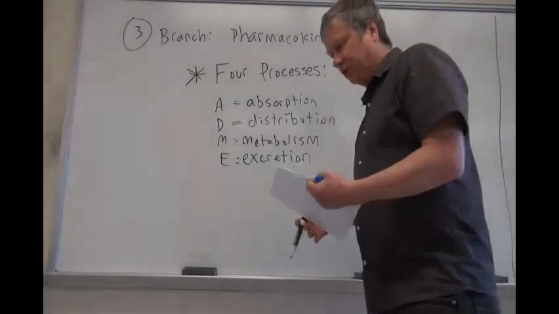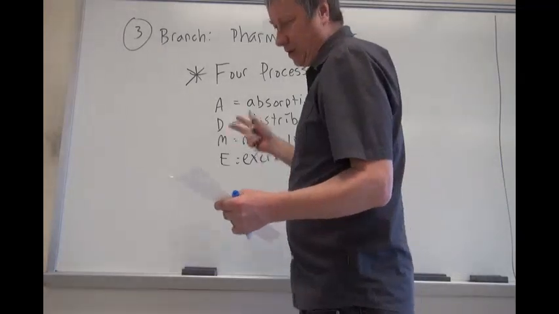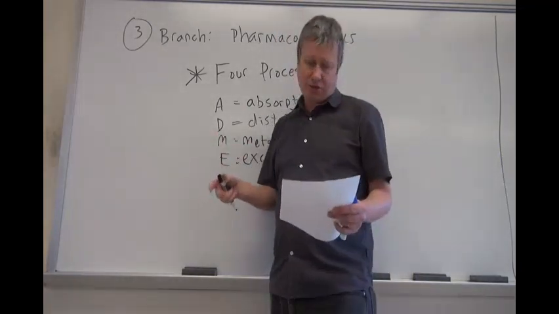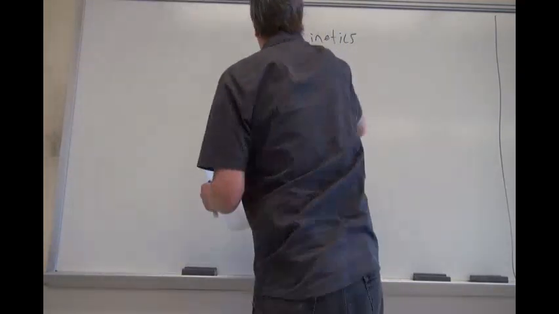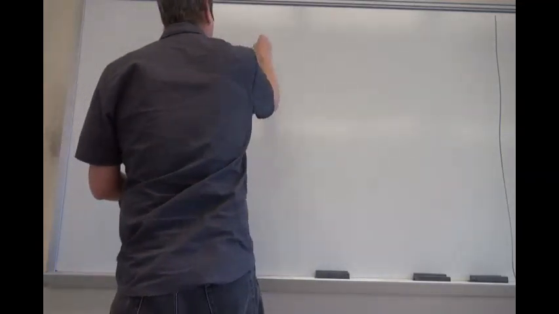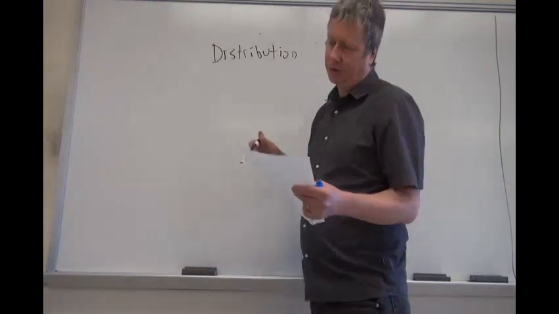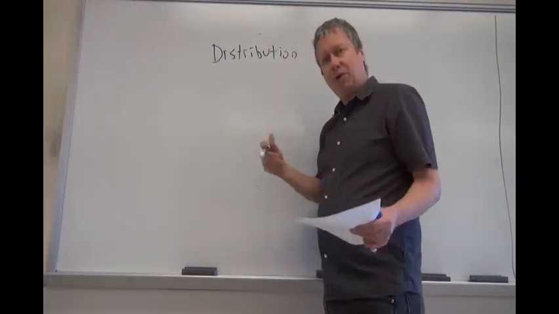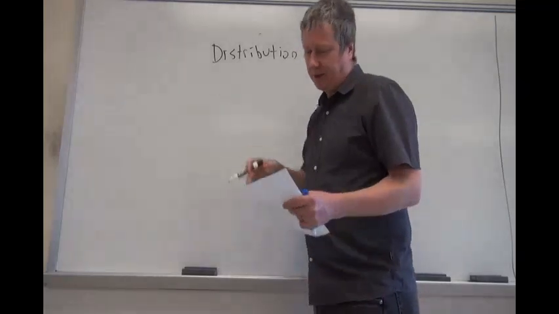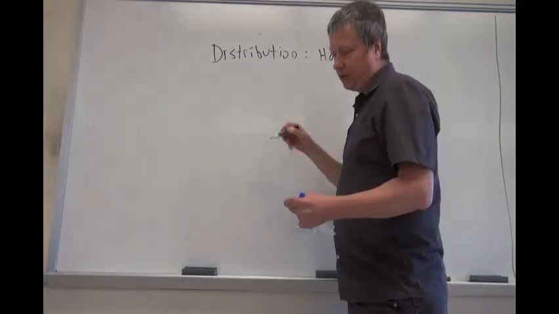Okay, so let's talk about distribution now. We're on the second topic, distribution, which is how the drug actually reaches the drug target. This is usually through general circulation in the blood, and it also involves plasma proteins, which are proteins in the blood that carry drugs.